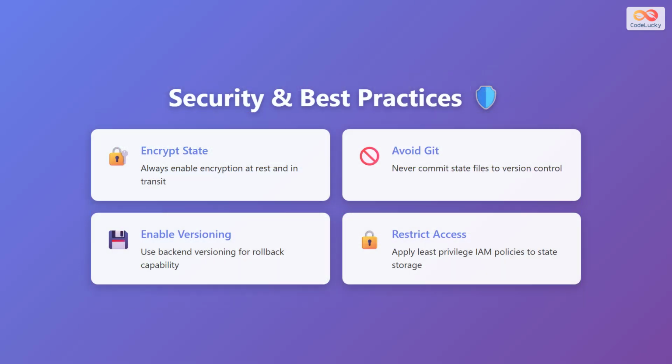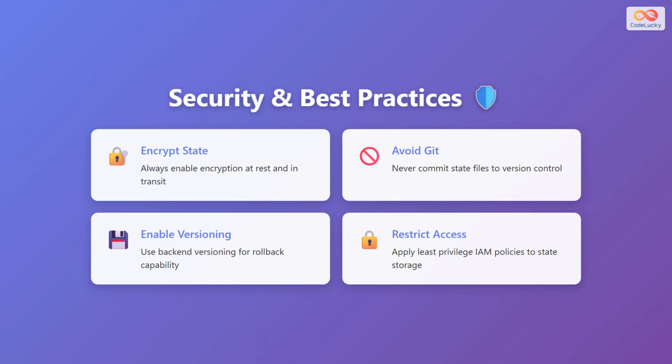Proper state management requires following security best practices. First, always encrypt your state files both at rest and in transit. State files contain sensitive information like passwords and API keys. Second, never commit state files to version control systems like Git. They contain secrets and can grow large over time. Third, enable versioning on your backend storage.